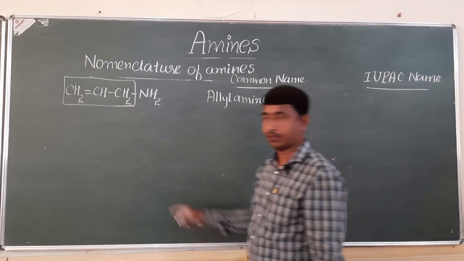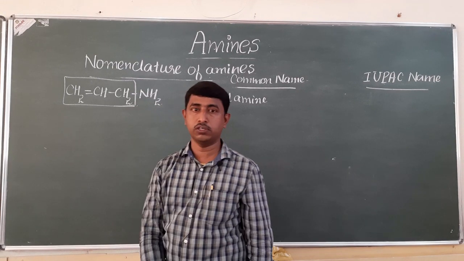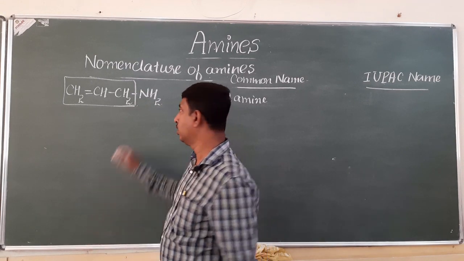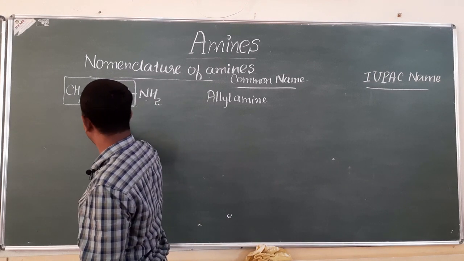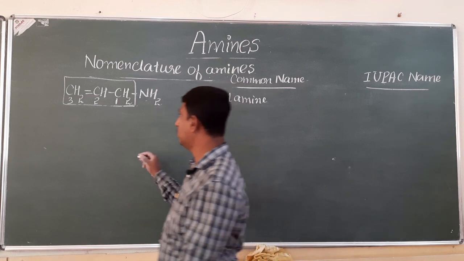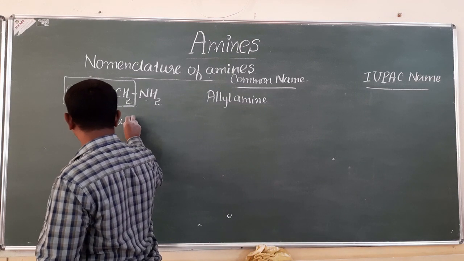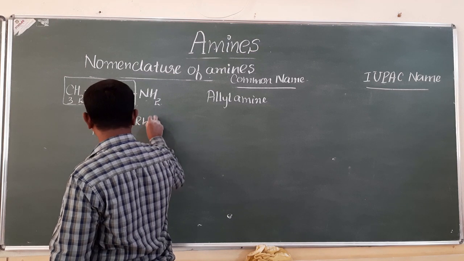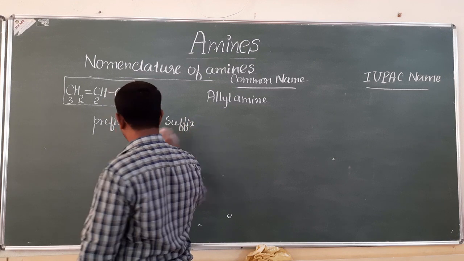IUPAC name. See, there is a double bond and there is a functional group also, that is NH2 amine. Preference goes to NH2, correct? So this is carbon number 1, second one, third one. We are writing the IUPAC name like this: prefix, root word, then suffix.